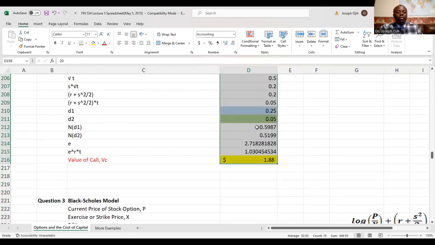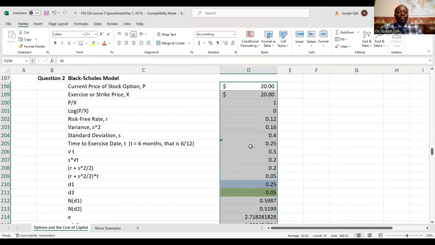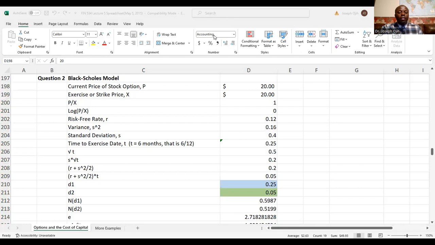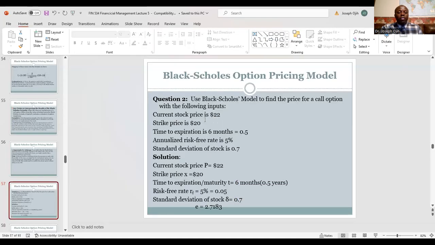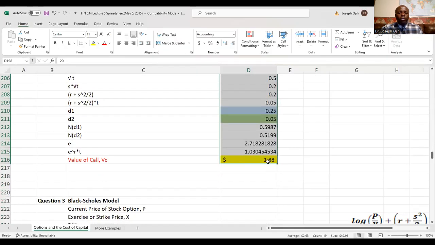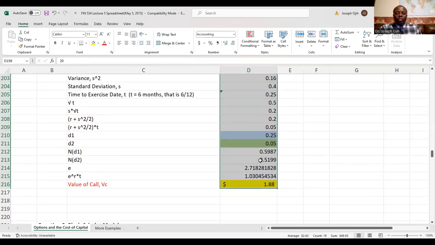Okay. Now, we are given these values. You see that the price of the share is $22, current price. When we put the current price as $22, I want you to be watching this as we are putting the numbers. Excel will be calculating it for us. So $22, see now it's $1.88.